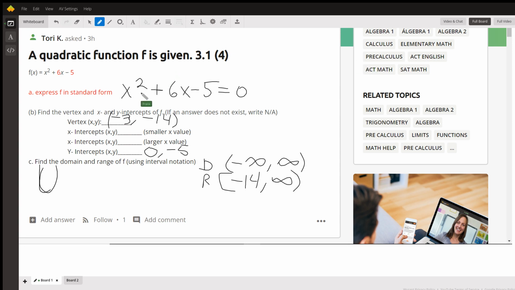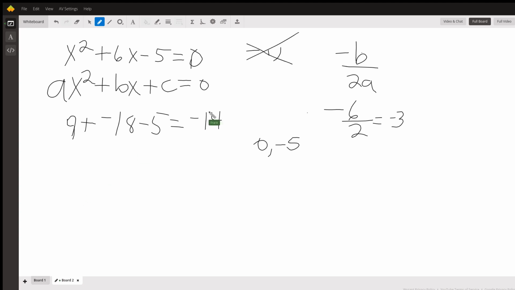Now find the x-intercepts. I will solve this for x. I need numbers that multiply to negative 5 and add to 6. Won't find them, but I can use the quadratic formula.